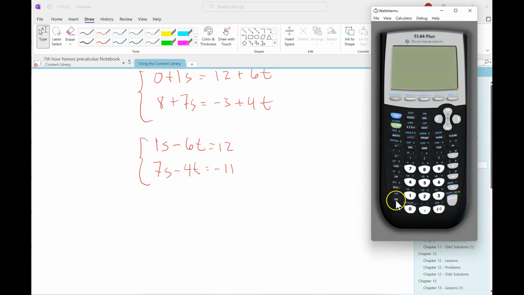I'm going to solve that system with my calculator using a matrix. I'll press second and then the x to the -1 button to open the matrix menu. I'll go over to the edit tab and edit matrix A. This system has two rows and then a column for s's, a column for t's, and a column for solutions, so it's a 2x3 matrix. Then I'll type in the coefficients exactly as they appear in my system.